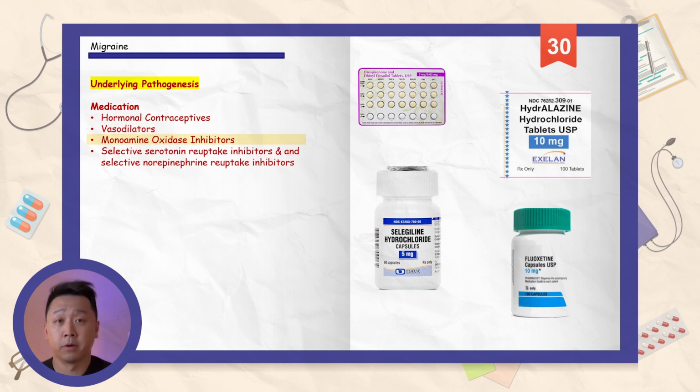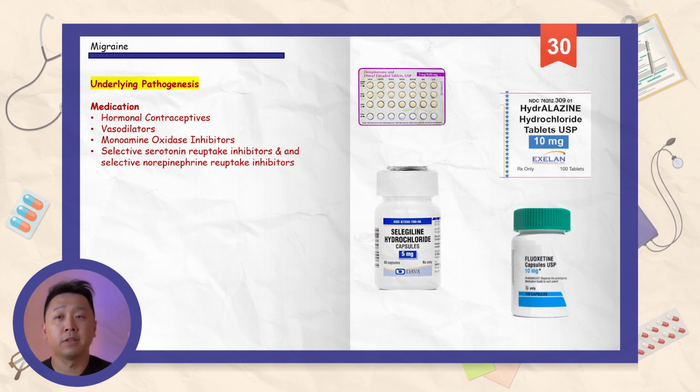Monoamine oxidase inhibitors, SSRIs, and SNRIs all have an effect in modulating levels of neurotransmitter. And as a result of the modulation of neurotransmitter, both changes in mood as well as blood pressure may be affected. The increase of blood pressure may also increase intracranial pressure.